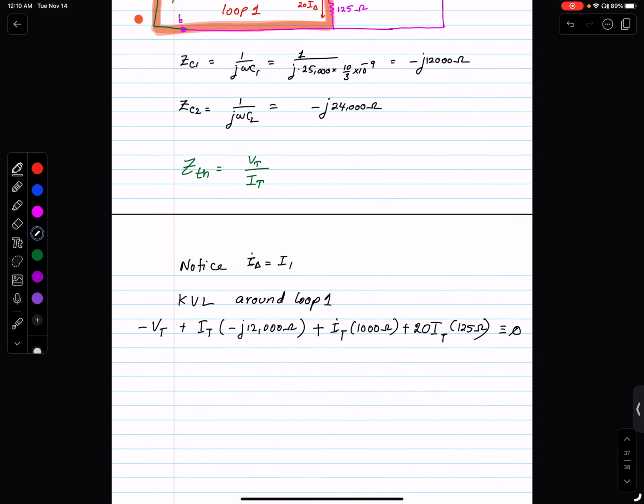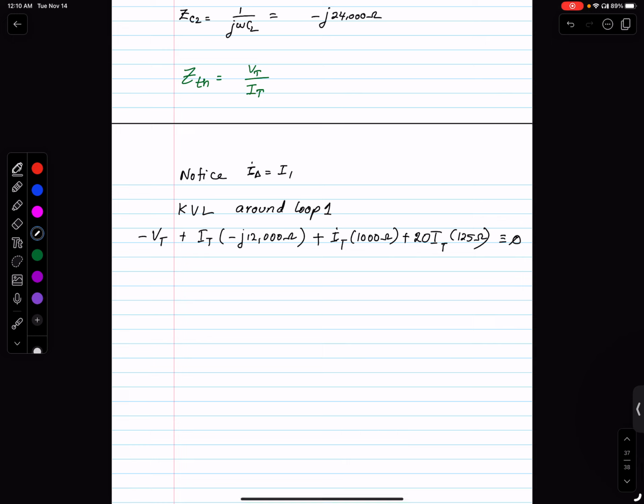Okay, once you do that, you can take V test to the other side and factor out I test. You're going to see that this is going to add up to 3500 ohms minus j 12,000 ohms.